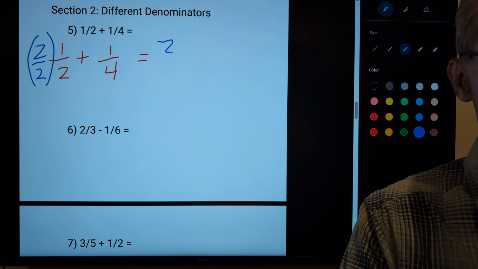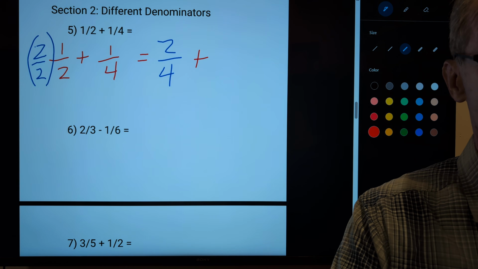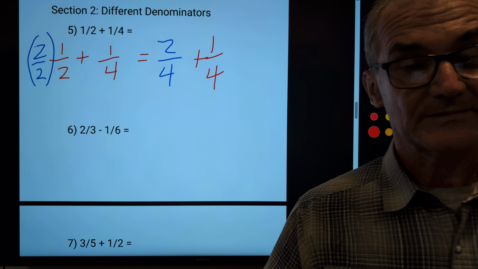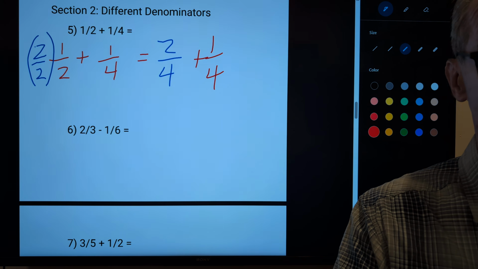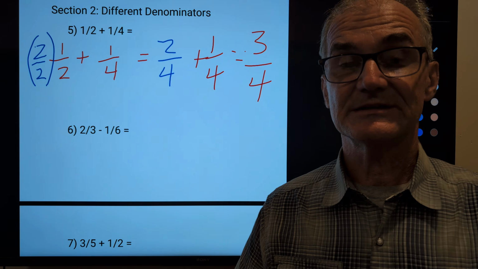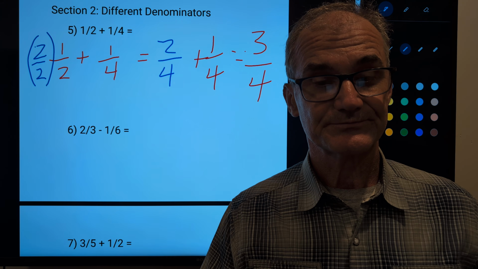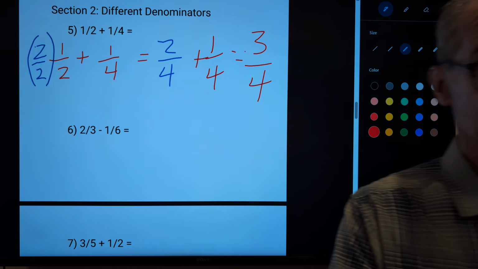That is going to give me 2/4, that first fraction plus the second fraction. Now, just like I did with that first section, I have that common denominator. I add across the top to get 3, and I keep that common denominator 4. Can't reduce that.